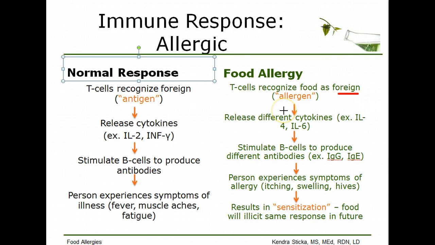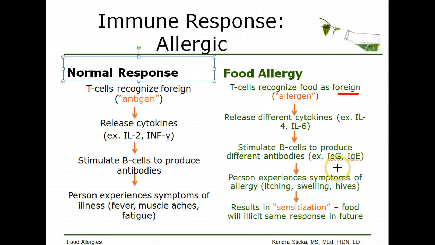So that's called an allergen. The food is an allergen because it's causing the body to recognize it as foreign and not friendly. So the body then releases some different cytokines, still cytokines, but different ones that tend to be released in response to an allergen. Stimulates B cells to produce different antibodies.